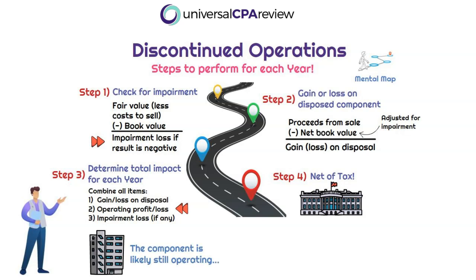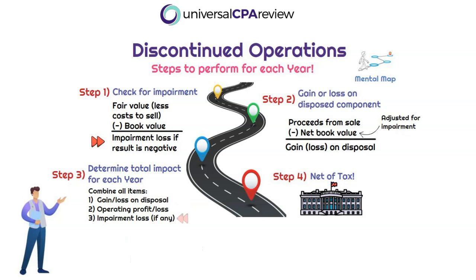Remember, we haven't sold it yet, so presumably it's still operating. So that needs to be included, and then if there was an impairment loss, we would factor that in as well. So in the example we're going to go through, we're going to show you how basically over 2 years, right, some items are applicable and some aren't, and we're going to calculate the total impact for each year.